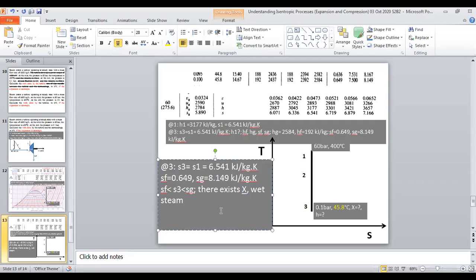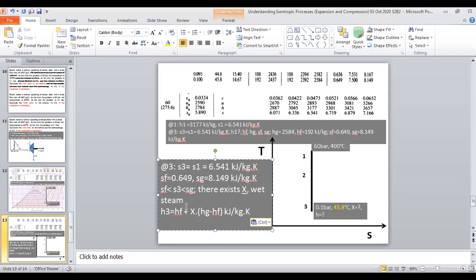If you calculate X, you can take H3 as Hf plus X times (Hg minus Hf). Let me explain this. If you are not that familiar with this, make sure you use it. So how to find X?